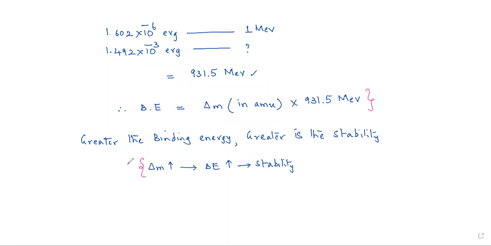It's very important. Because if more mass is lost in the form of energy, then as I said, the resultant nucleus will have less energy, hence is more stable.